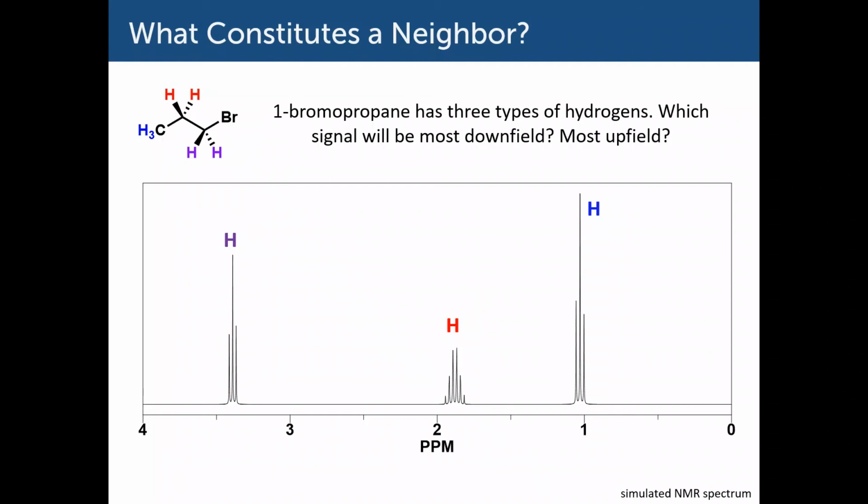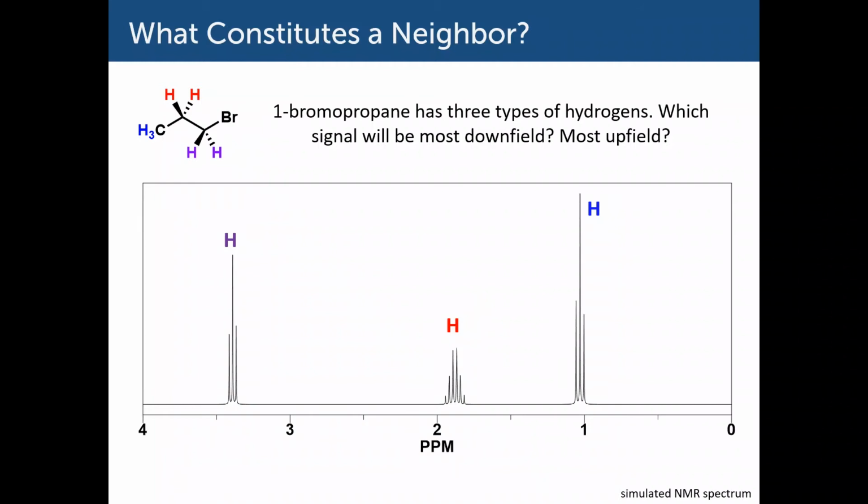So one of the things that we can glean from this NMR spectrum of 1-bromopropane is essentially what counts as a neighbor, like how close do you have to be? If we think about the purple hydrogens, we could say that both the red and the blue hydrogens are neighbors to the purple hydrogens, in which case we would have 5 total neighbors, and the signal for the purple hydrogen should have, let's see, 5 plus 1, so 6 lines.